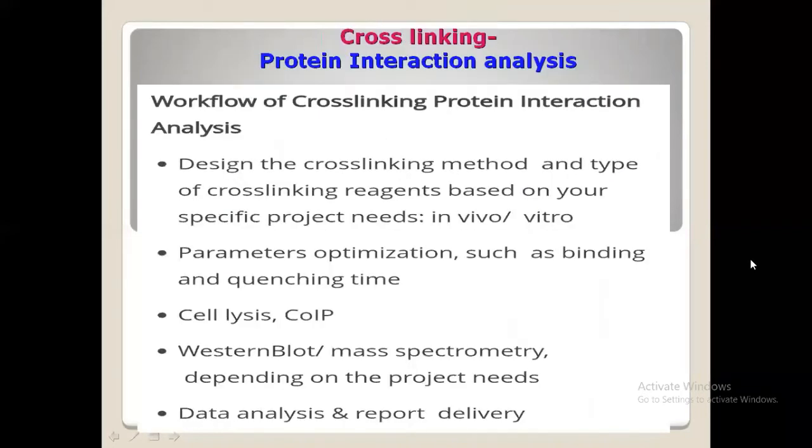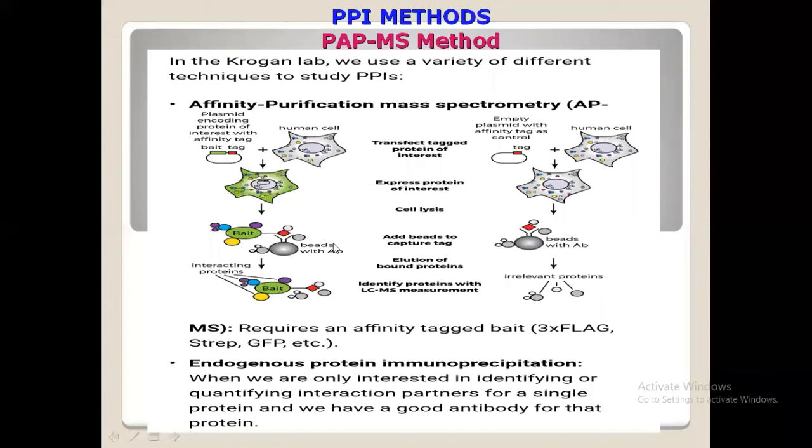The bait protein is going to bind with beads with antibody, and the interacting proteins, the yellow one and the violet one, have already bound with the bait protein, and the antibody binds with that.